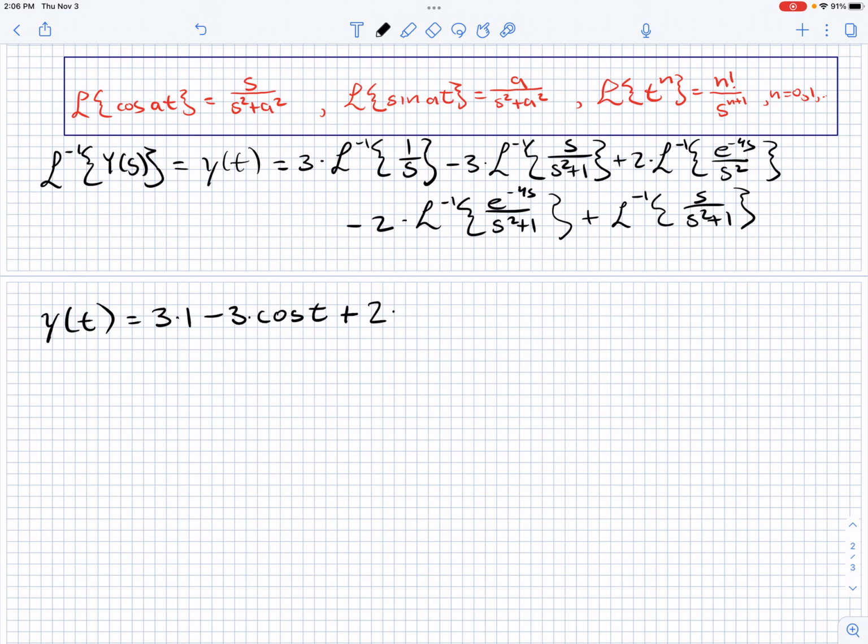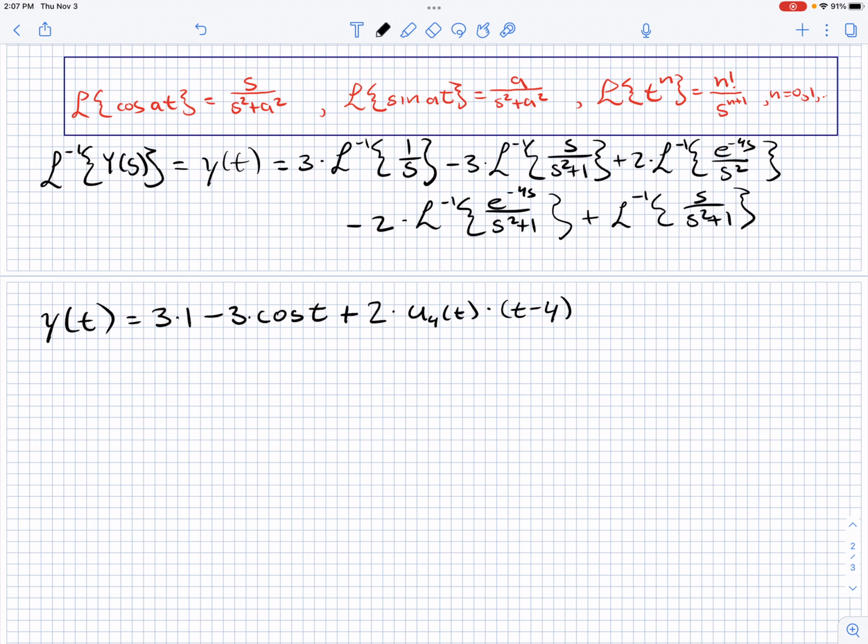The inverse Laplace of e to the negative 4s, that means we have our step function where a is 4, times, and then the inverse Laplace of 1 over s squared is just t, but remember we do have to keep in mind that the step function starts at 4, so we need to take that into account and write times t minus 4.